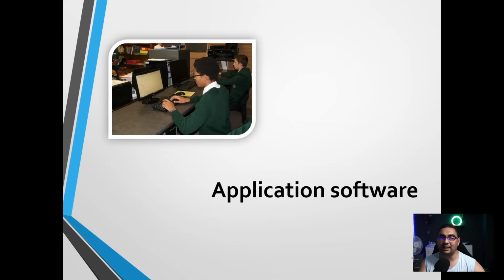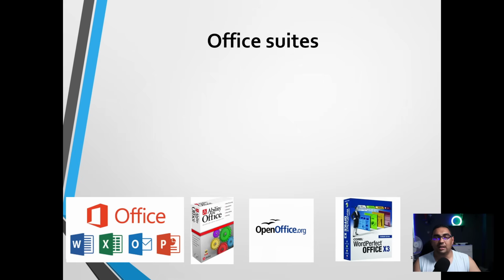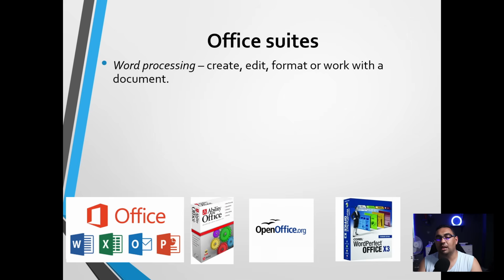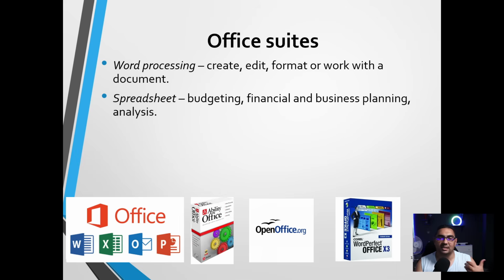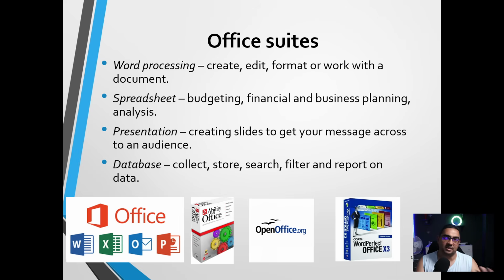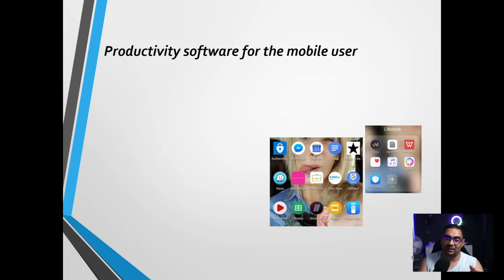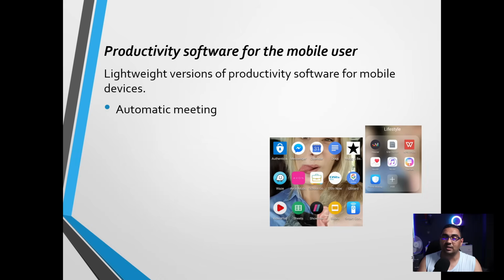All right, then we have our application software. These are our apps, again, performing specific instructions. We have Office suites that include things like word processing, spreadsheets, presentations, and database. We know that. We're currently working in one. You've also got productivity software for the mobile user, where there are lightweight versions of the productivity software.